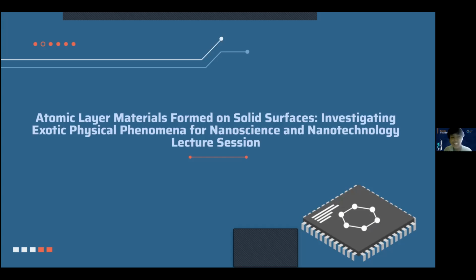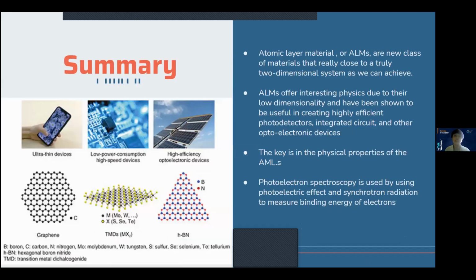So for the summary, Sakamoto Sensei gave us a lecture about the atomic layer material. But what is the definition of atomic layer material? Atomic layer materials, or ALMs, are the new class of materials that are as close to a truly two-dimensional system as we can achieve.